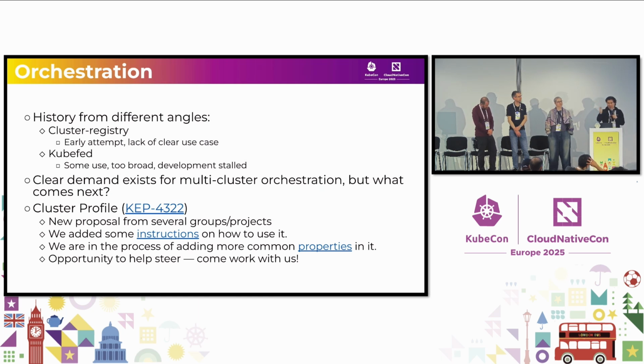So at that point, you want to have a representation of each cluster. So the cluster profile is for that purpose. It's a read-only API, which means it reflects certain properties, which could be About API properties, and then you can do scheduling or orchestration there.